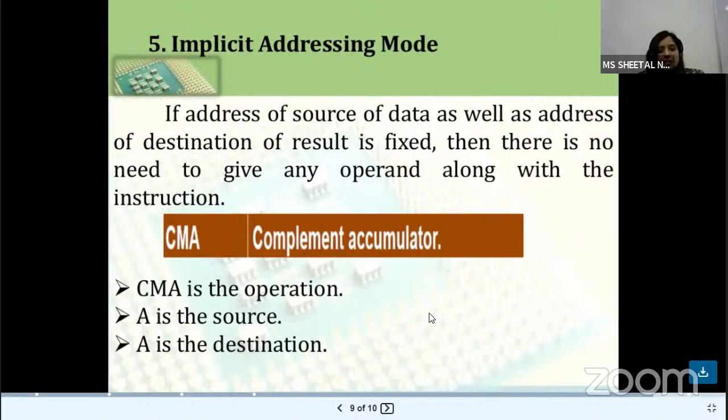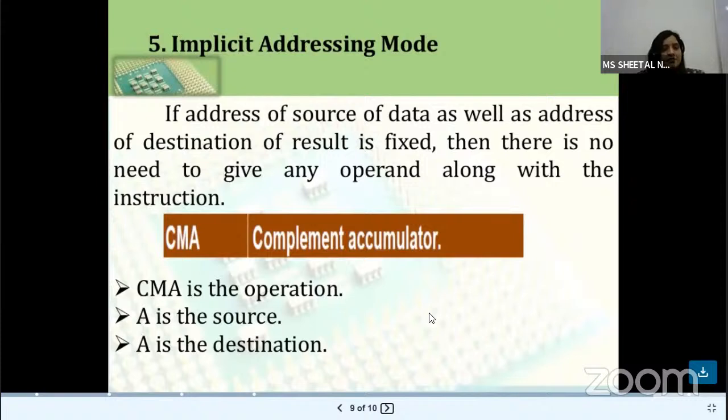The CMA instruction is used to complement the contents of the accumulator. After execution of this instruction, the content of the accumulator will be complemented.